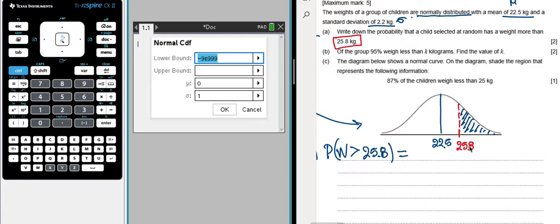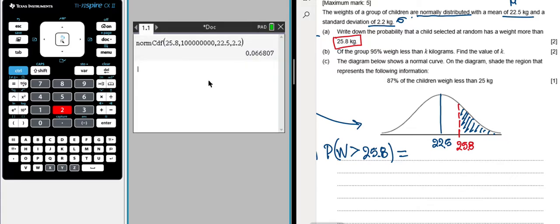The lower boundary is what I see here because I want it to be more than 25.8, so 25.8. And then the upper boundary can be any large number that's already large enough. We could have used infinity, but we cannot write infinity in the program, so we better use just a little large number. The mean is going to be 22.5, and then the standard deviation is 2.2.